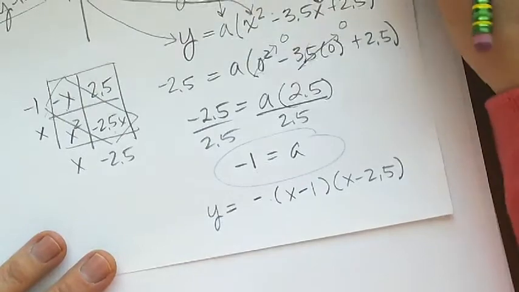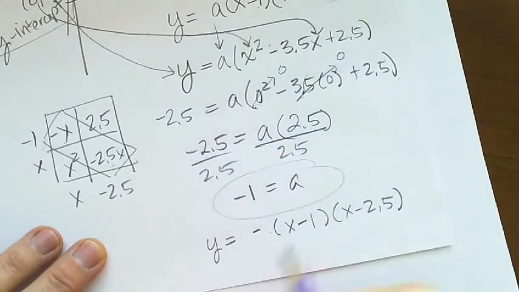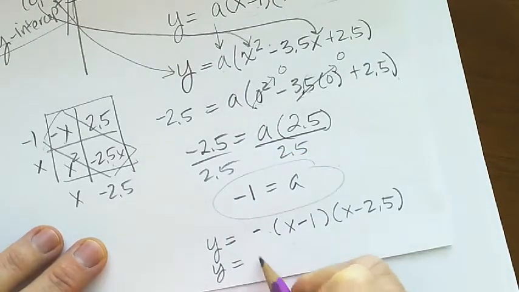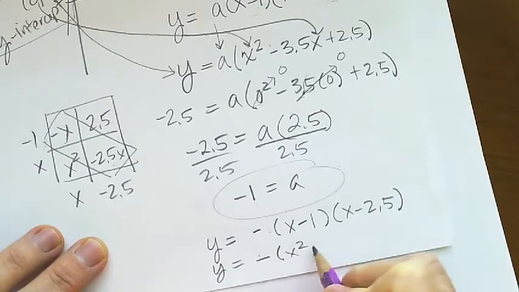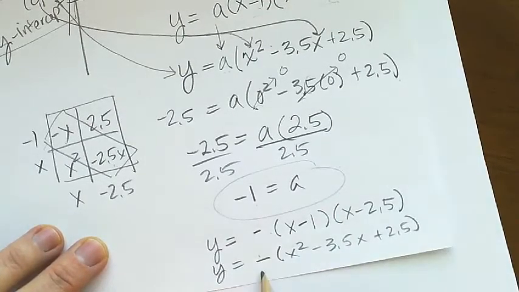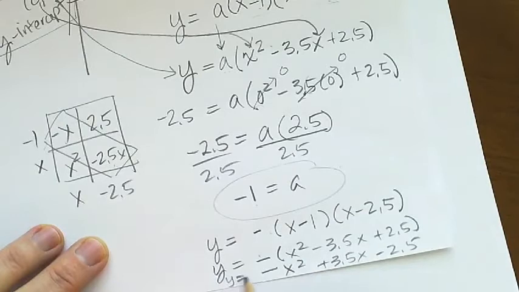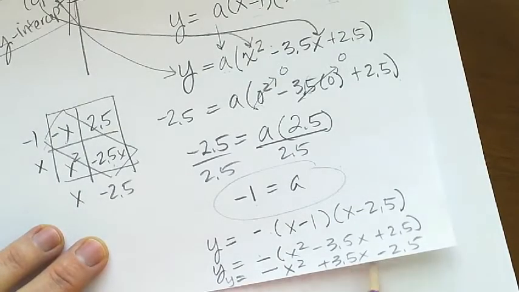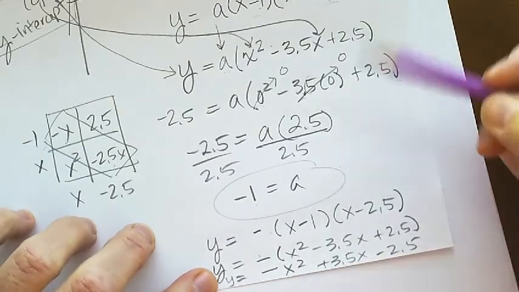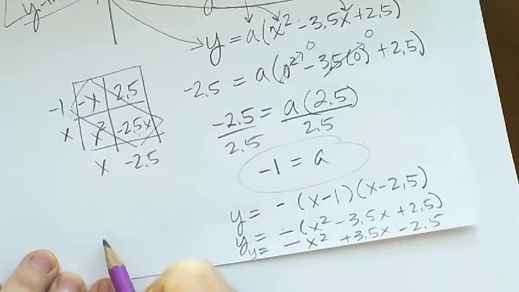If you wanted the equation to be in standard form instead of factored form, you could put a -1 right here, in which case you would get negative x squared plus 3.5x minus 2.5. So in standard form, you've got this equation, and then in factored form, you've got this equation. So let's go ahead and write that.